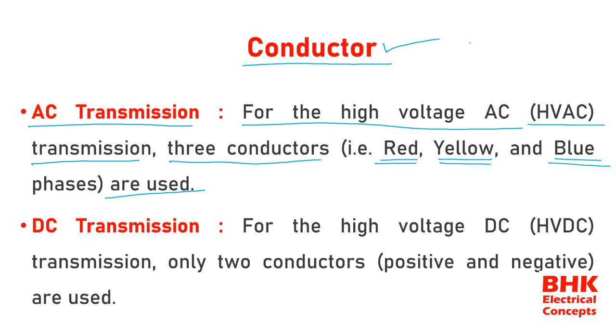That is why in a 3-phase system we use RYB. These are the 3 conductors we use in the AC transmission system. But in the DC transmission system, we use only 2 conductors, one positive and another negative.